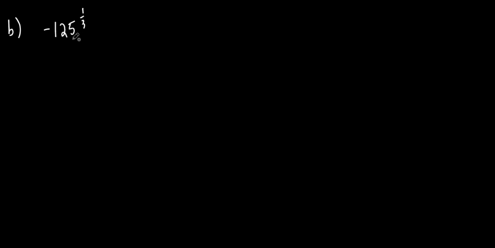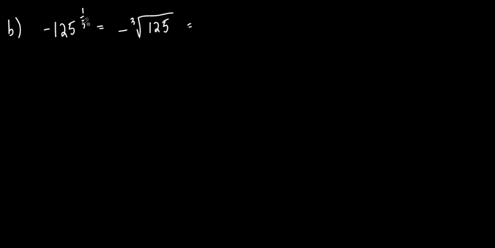The 125 to the 1/3 power. So you put the negative right here. And then what do we do here? What does the 1/3 power mean? It means we take the cube root of 125. Now, it really wouldn't matter, since this is a cube root, if the negative's on the outside or inside. But technically, that is on the outside of this, okay?